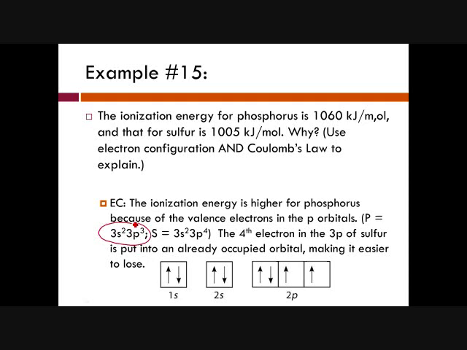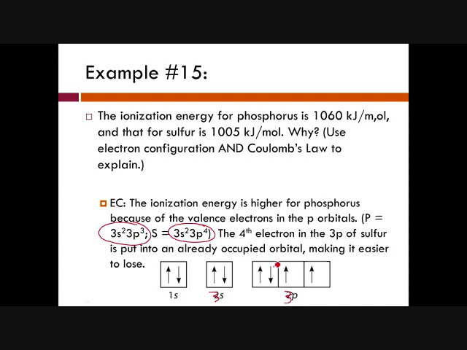For sulfur, the valence electrons are 3s2, 3p4. When we did this orbital notation, we didn't get this far, but this is the orbital notation of it. I know the 1s, the 2s, and the 2p don't match, but this would be like 3s2 and 3p4 there.